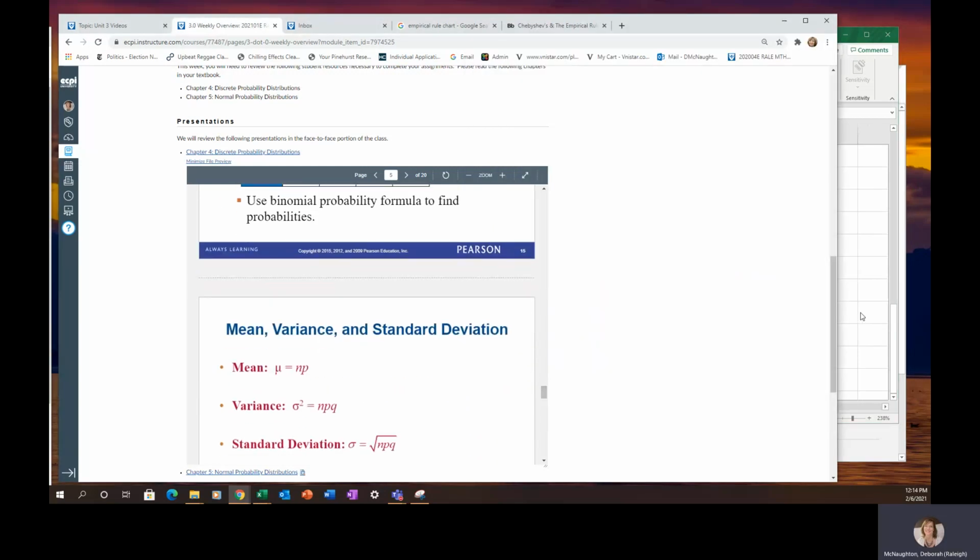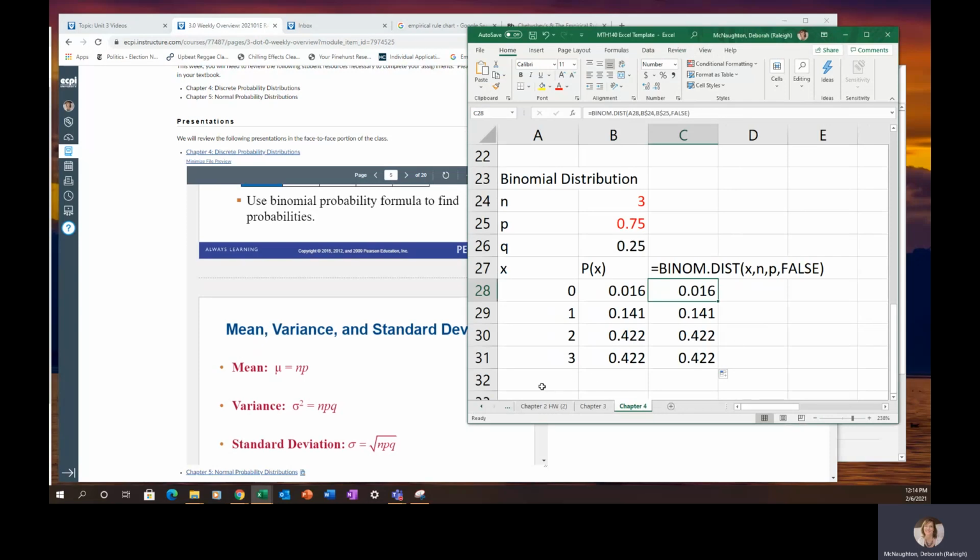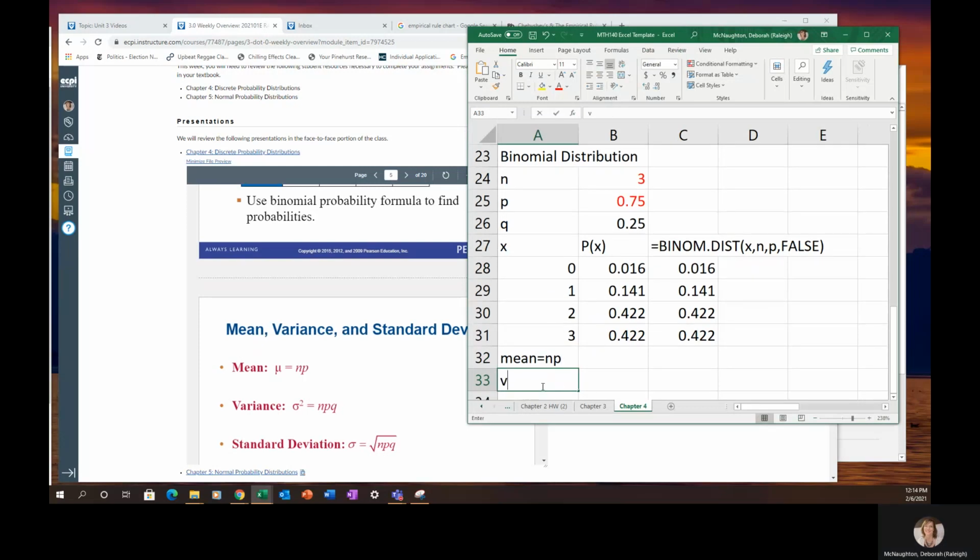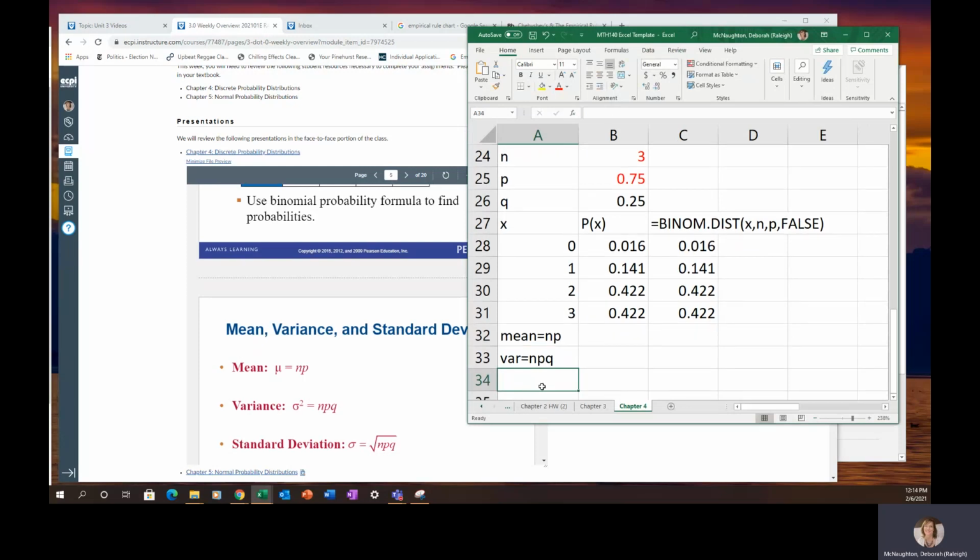All right, and then to get our mean and our variance, to get the mean, it's NP, and the variance is NPQ, and the sigma is the square root of the variance.